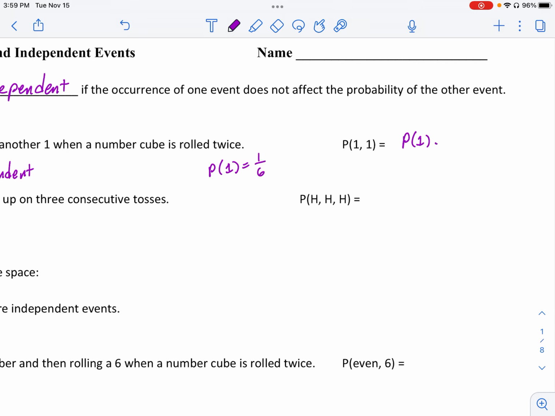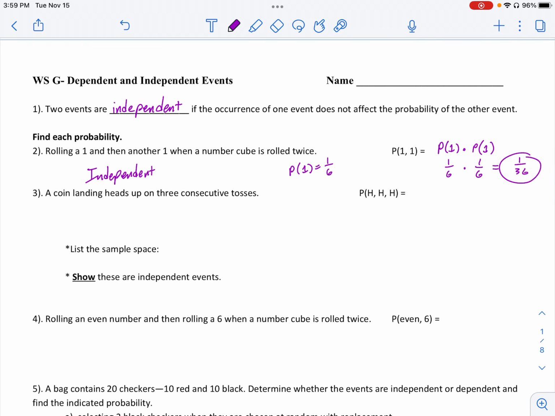The next time you roll, you're wondering again, what's the probability of getting a 1? So it's 1/6 each time, unaffected by what happened the first time. When you multiply those, it's 1 in 36. If you remember, we had a chart of this when we did the dice experiment. There's only one spot on the chart that's a 1 and a 1, 1 out of 36 spots.